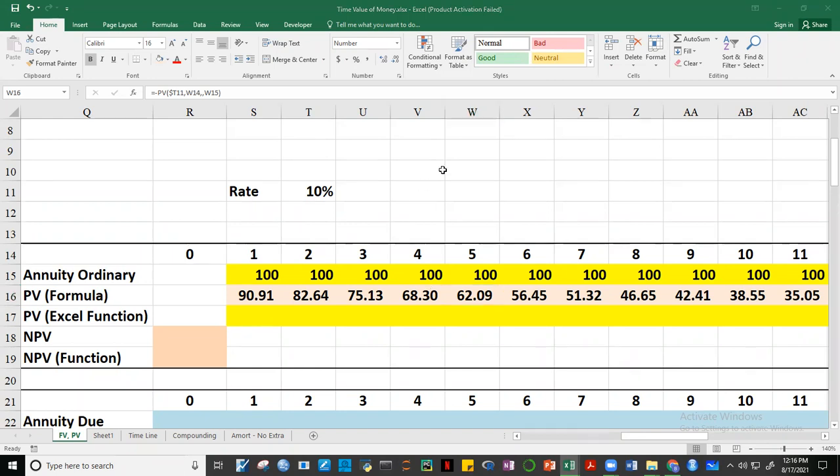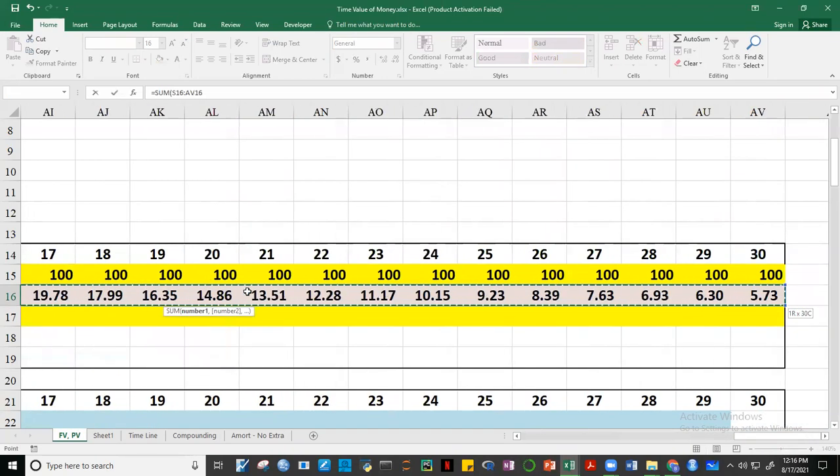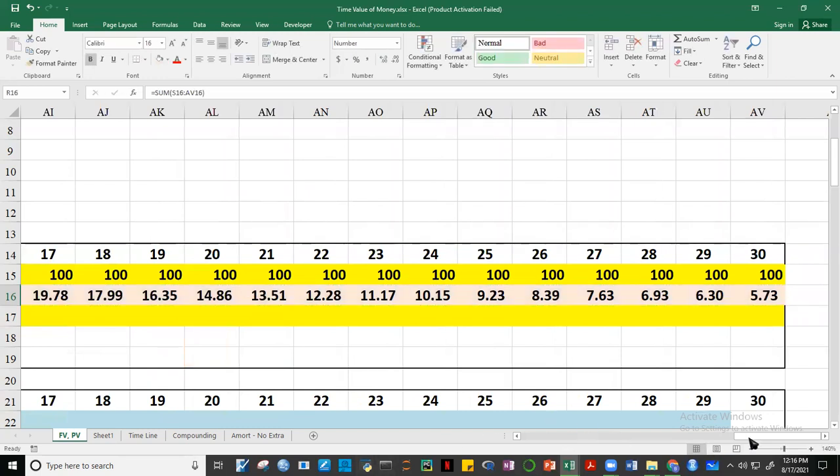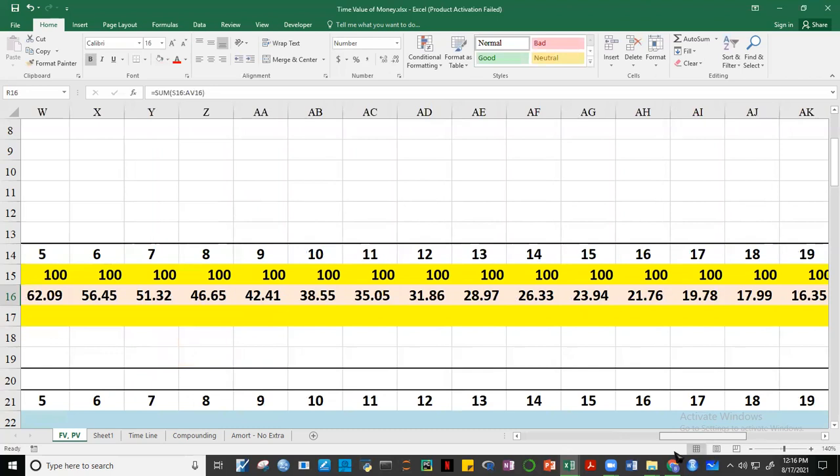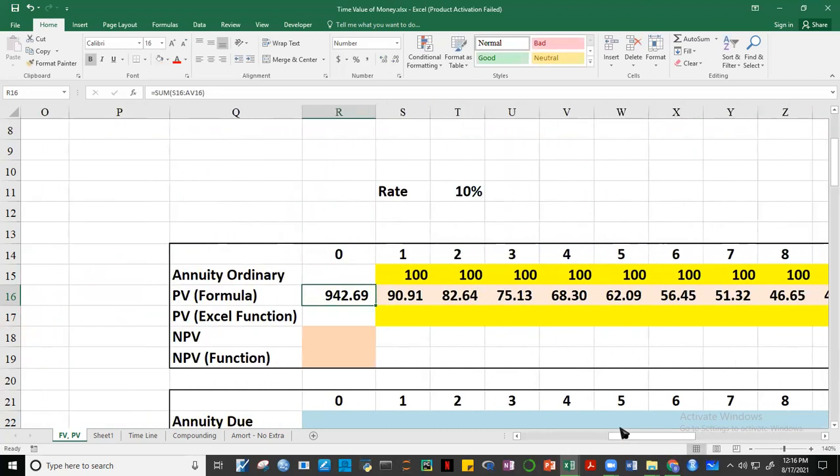Answer is yes, correct, no? Pwede natin silang i-add. We can now add them kasi, okay, is equal to sum. Yan. Okay.